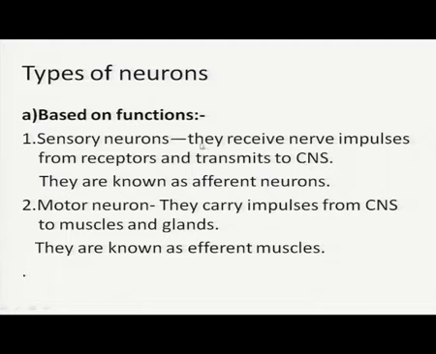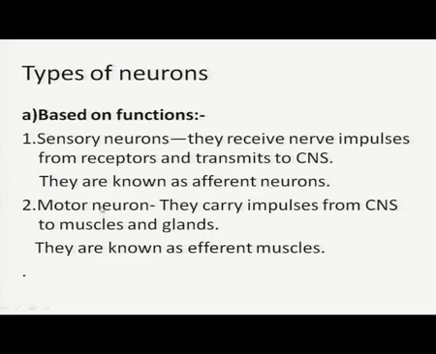Since they are originating from the sense organs or receptors, they are known as sensory neurons. And they are carrying these nerve impulses to the central nervous system, so they are known as afferent neurons.